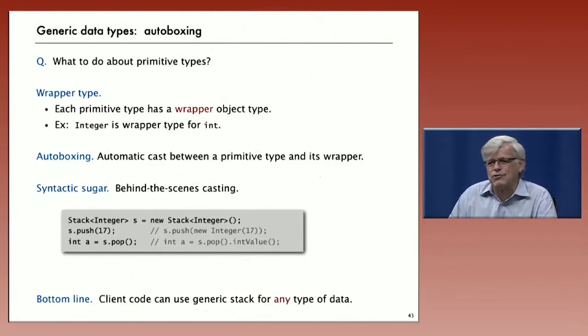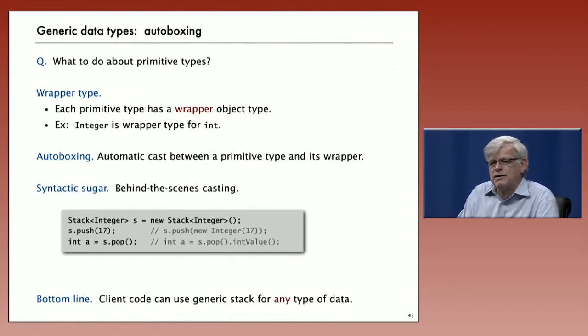Integer with a capital I is the wrapper type for int, and so forth. Many of you are probably familiar with that. And there's a process called autoboxing, which automatically casts between primitive types and wrappers. So all of that handles the problem of dealing with primitive types behind the scenes.